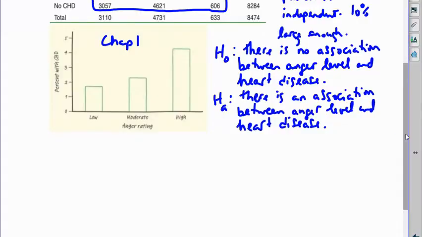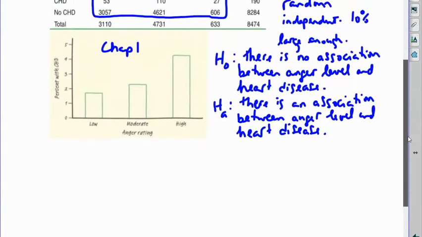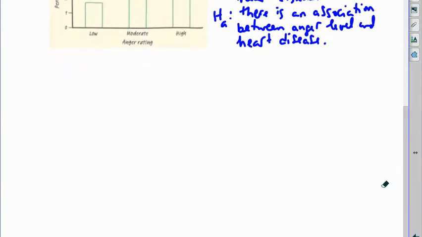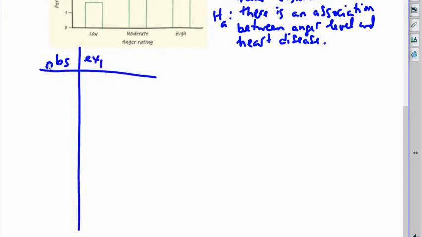Okay, and because I know that I have to do the chi-squared contributors, I'm going to write this down in a table format instead of writing the matrix, because I know I'm going to have to do the calculation. So here are my expecteds, and so I'm going to write them down.